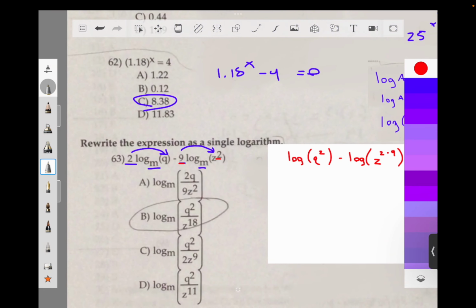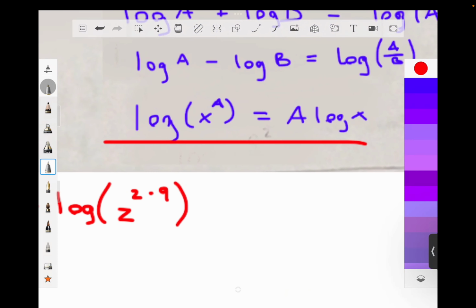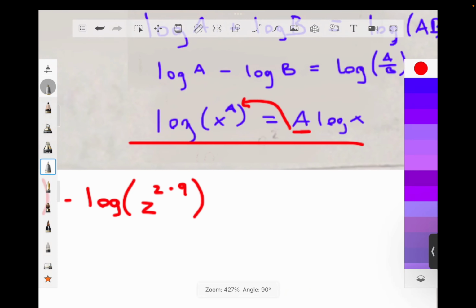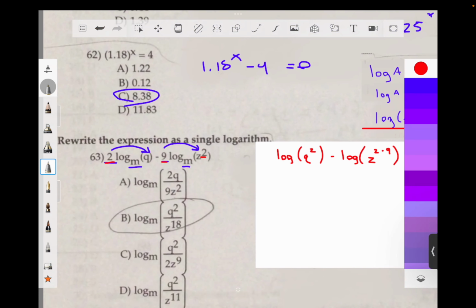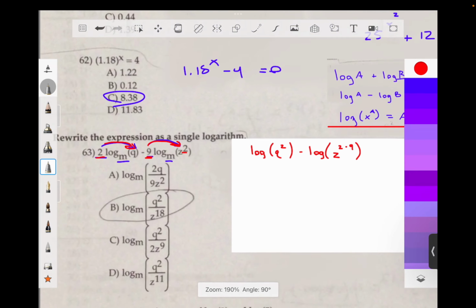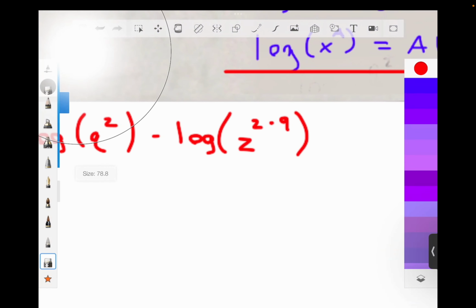And this is based off this rule right here, that if you have a number in the front, it could become the exponent of the variable inside the log. So that's what we're doing here. We're bringing the 2 to the exponent of this q, and this 9 to the exponent of this z. And then I'm just going to rewrite this as 18.